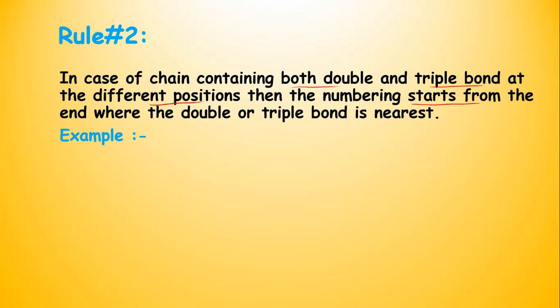Now suppose this is the example: CH3, CH double bond and then CH2, then C triple bond CH. So now look at here, the carbon-carbon triple bond is at this position and the carbon-carbon double bond is at this position.